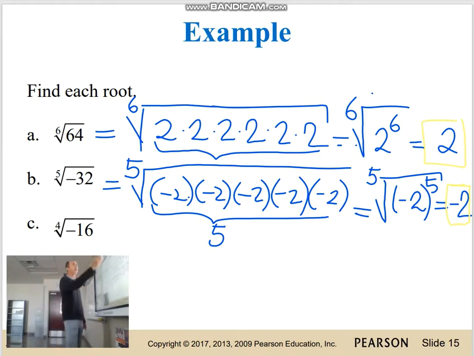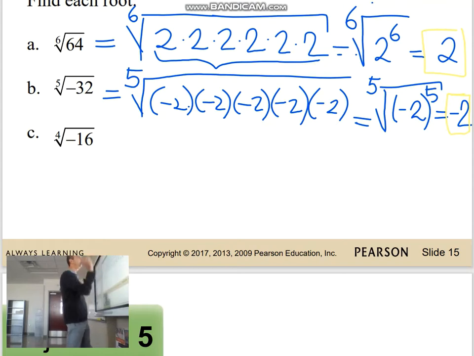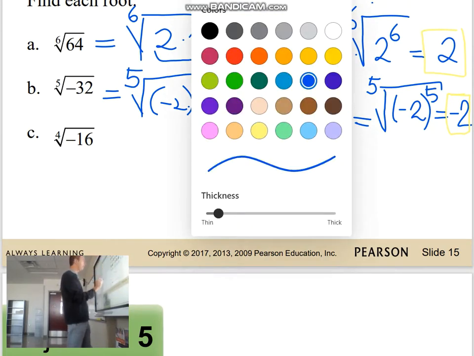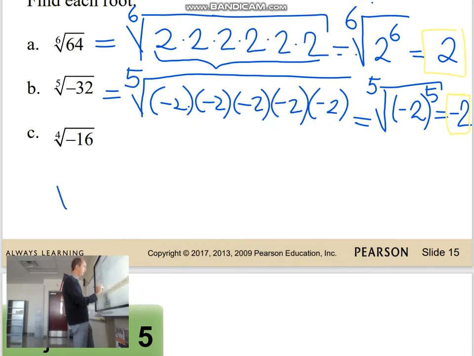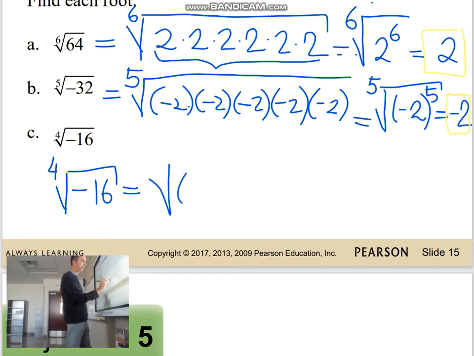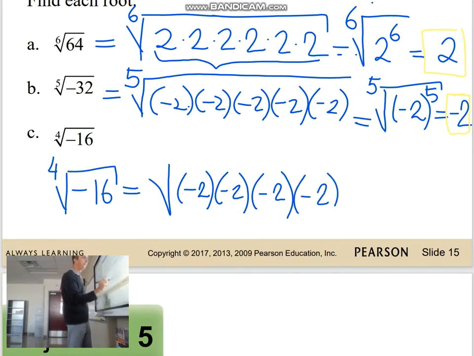Now we have a situation: 4th root of negative 16. And this is going to be a problem. Think about it. Let's move this to the bottom, negative 16. Let's think a little bit about it. Because if I multiply negative 2 by negative 2, I have positive 4. By negative 2, I have negative 8. By negative 2 is positive 16.